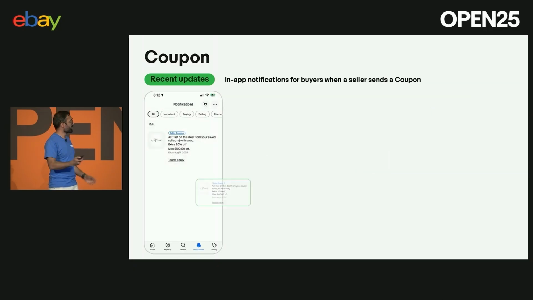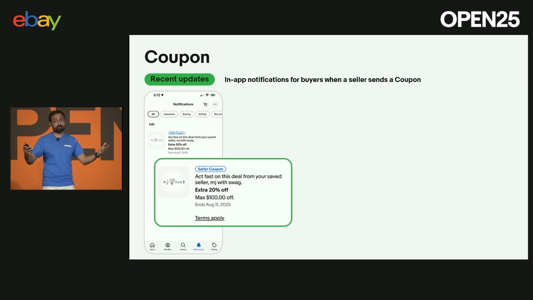There's another example for when you're sending these coupons to your past buyers or to your followers. They start showing up on this bell icon on the app, and they can directly see all the listings that are part of the coupon campaign, and they don't have to go through the email or things like that. It's right there in the app.